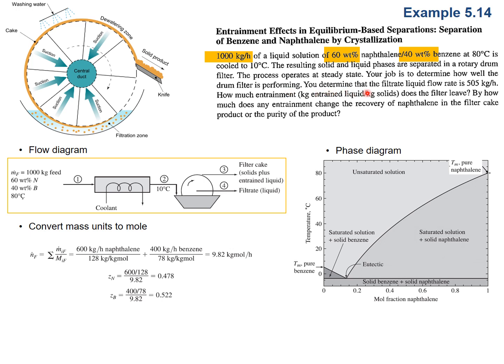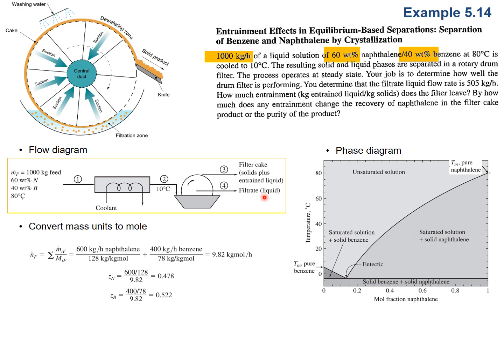You determine that the filtrate liquid flow rate is 505 kg per hour. So this filtrate liquid flow rate was given to you. Without entrainment, maybe you would have higher values of the flow rate. However, right now, after some entrainment, you have 505 kg per hour for the filtrate liquid flow rate.